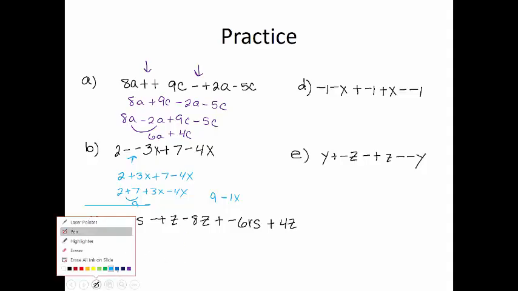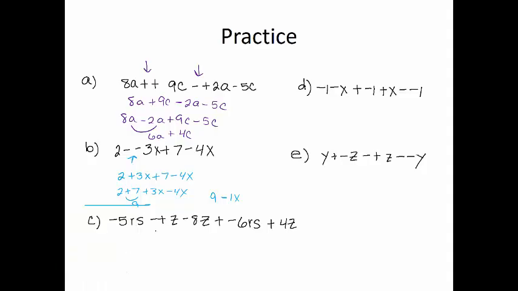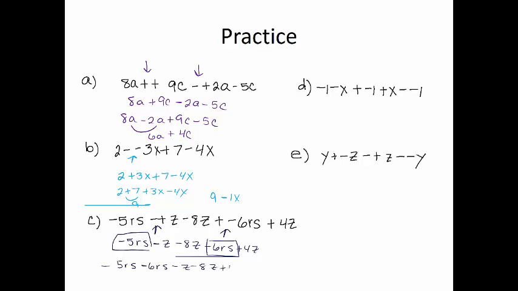For C, first let's get rid of our double signs. So we have negative 5 RS, take away Z, take away 8Z, take away 6 RS plus 4Z. Like terms: we have this one and this one, and then we have our Z's. So we have negative 5 RS, take away 6 RS, minus Z, minus 8Z, plus 4Z.